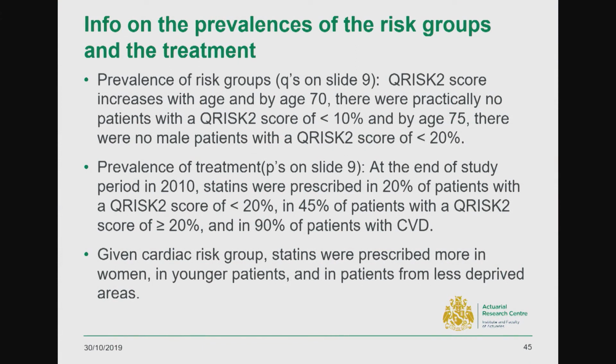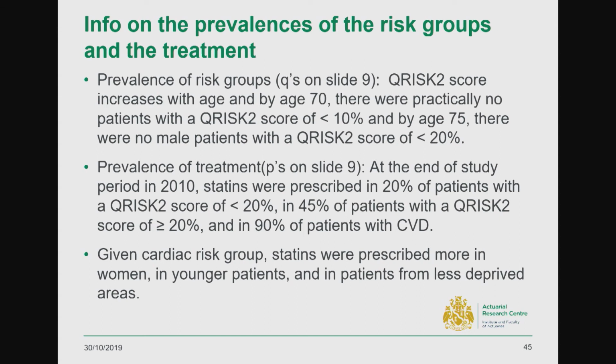Okay, this is just to summarize a little bit about what's going on there. So prevalence of risk group, we already talked that severity of cardiac risk increases with age, so that no one has low Q risk less than 10% by age 70. And by age 75, there are no male patients with Q risk under 20%.